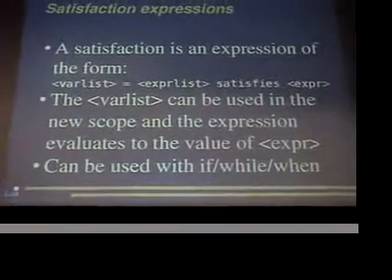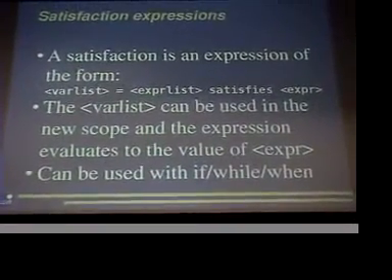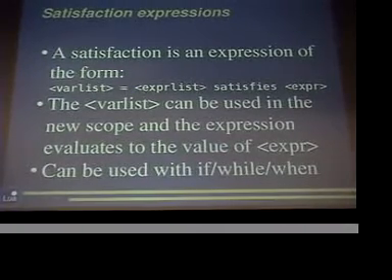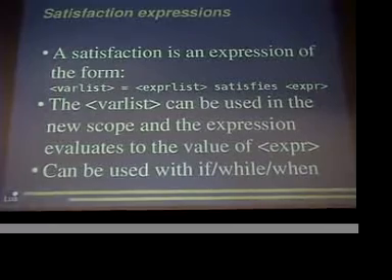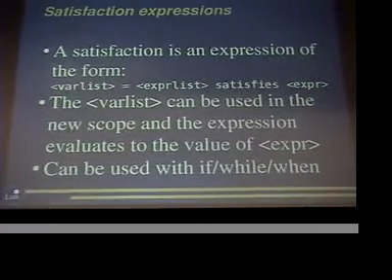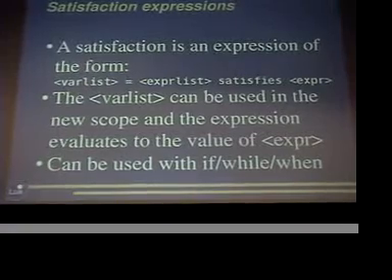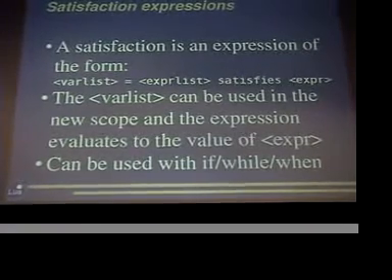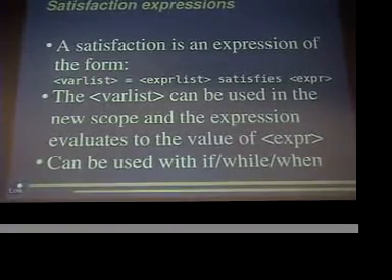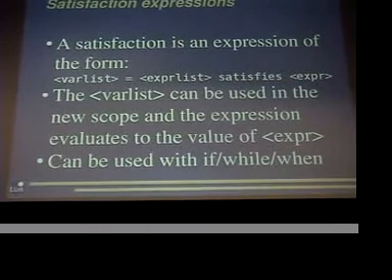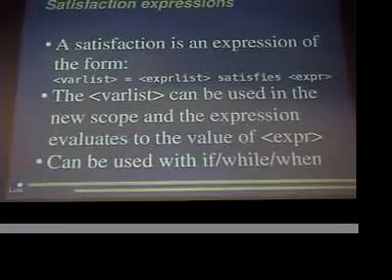Satisfaction expressions are a little bit stranger. They take the form variable list equals expression list satisfies expression. The variable list can be used in the scope that contains the satisfaction, and the entire satisfaction expression evaluates to the value of expr. This can be used with ifs, whiles, and whens. So you can say if result, message equals some function satisfies OK, then bunch of code.